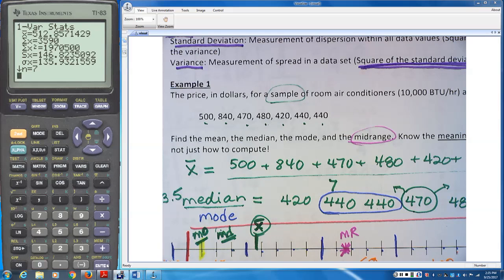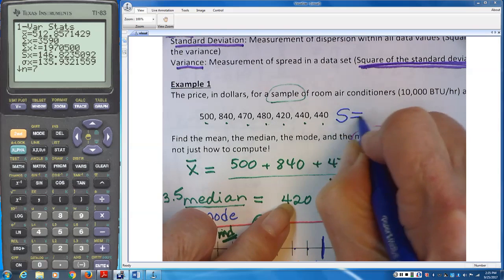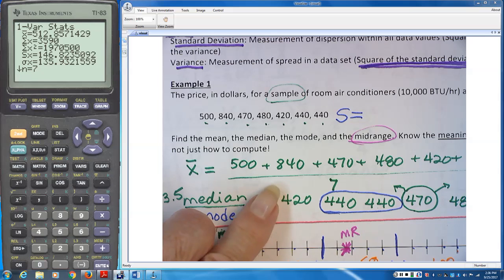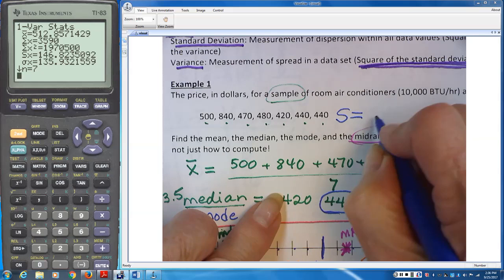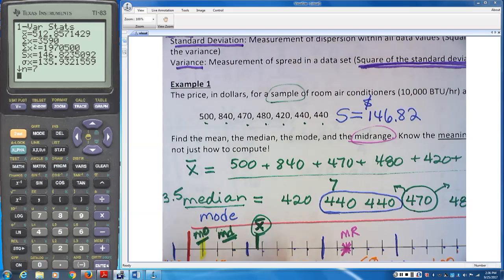And the standard deviation on those air conditioners with the outlier still in it is $146.82. Okay? Does the outlier influence the spread of those data values? Yes, it does. It makes the range a lot bigger.